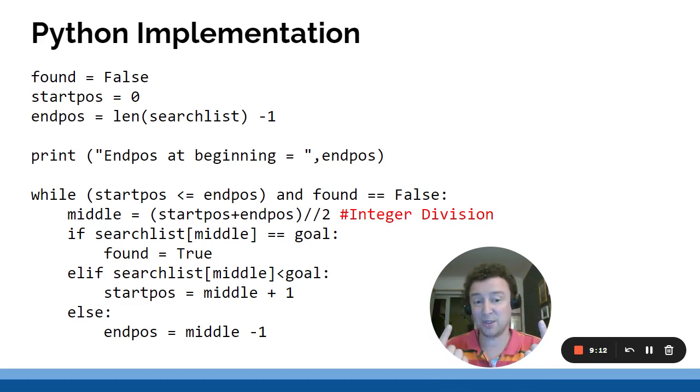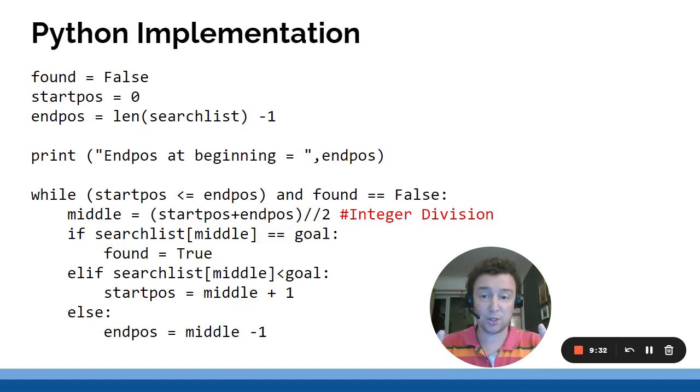So that means if it's, say, 0 and 7, and we divide it by 2, we get 3.5. But if you integer divide it by 2, you get 3, because it drops everything after the decimal point. Very handy. Anyway, we've got 0 and 6. We divide it by 2, we get 3.